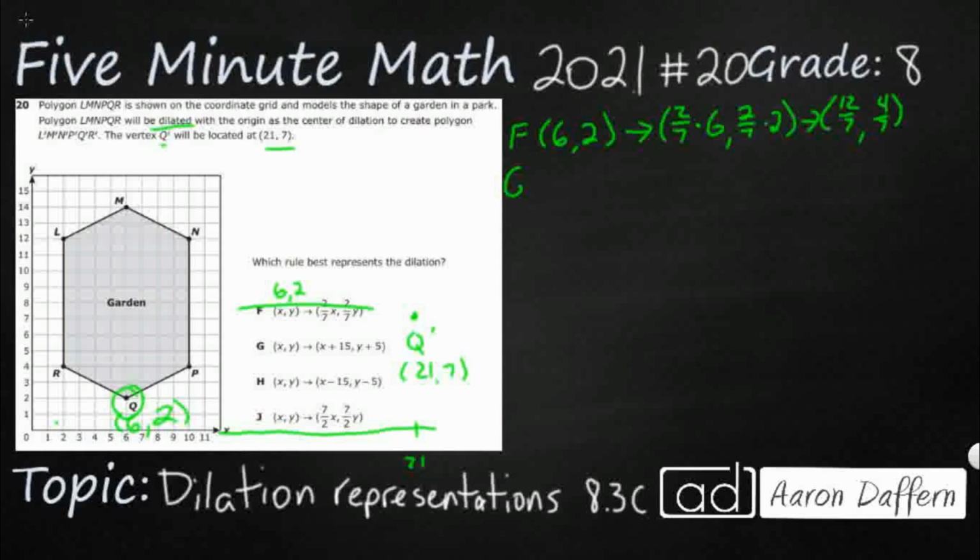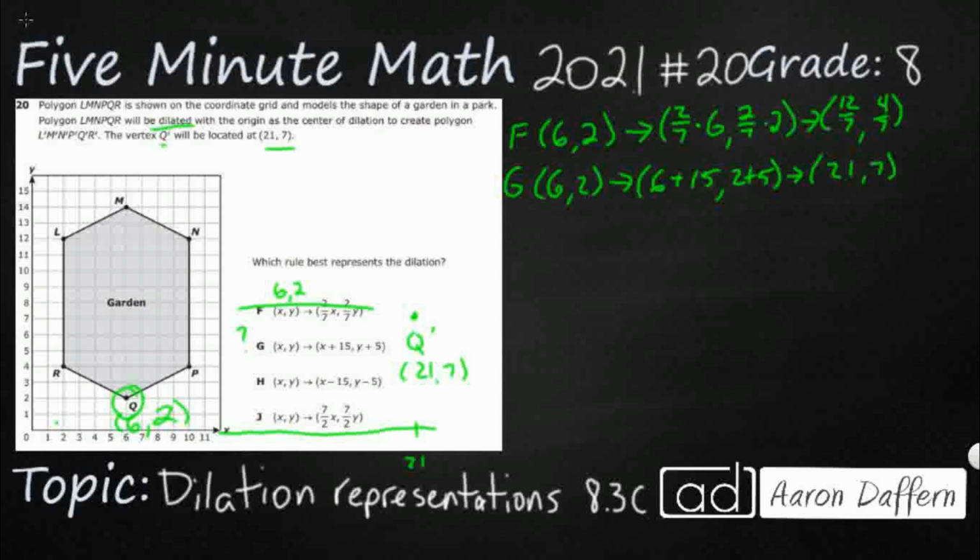Let's check G. So that's a 6, that's a 2, and we're just going to add here. This is going to be a translation. What this means is we're not growing it or shrinking it, we're just sliding it along. 6 plus 15 and 2 plus 5. Keep it the same size, keep it the same orientation. So that's going to be, oh look at that, (21, 7).